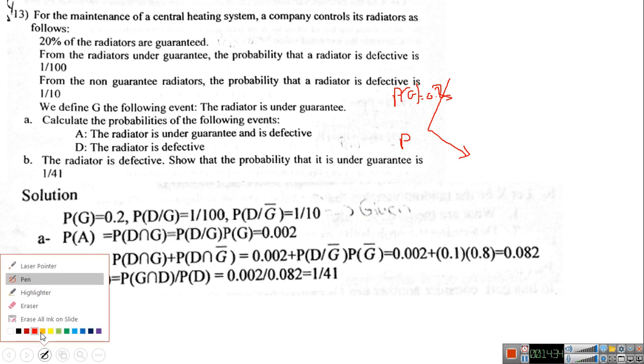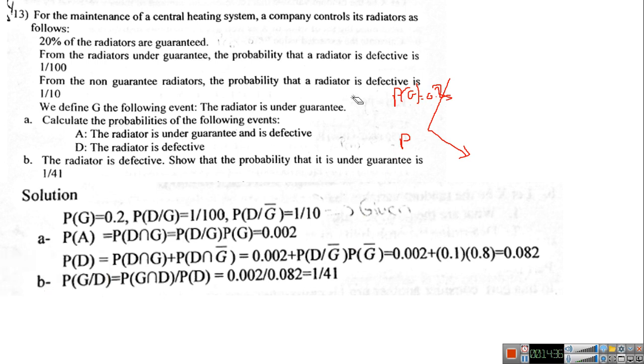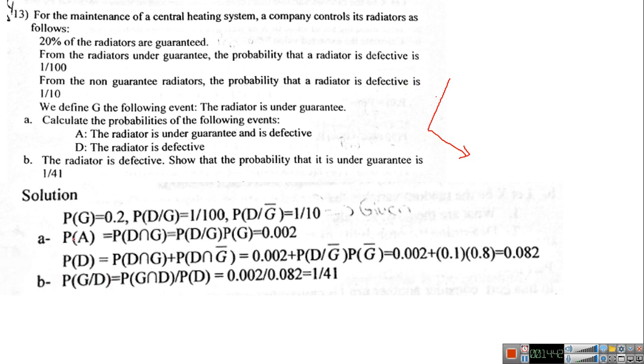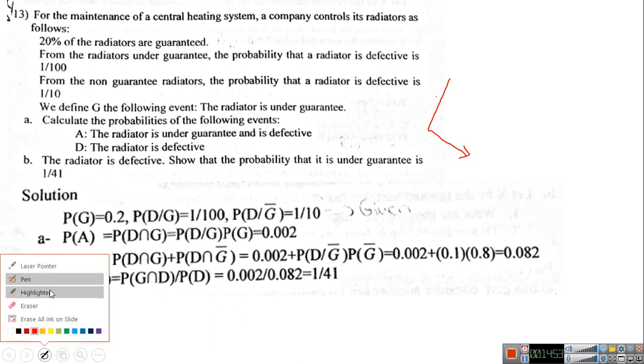Let me delete. So P of guarantee is 0.2, D knowing guarantee and D knowing guarantee bar. Yes, this is correct. I was doing it correctly, but let me do it better for you.